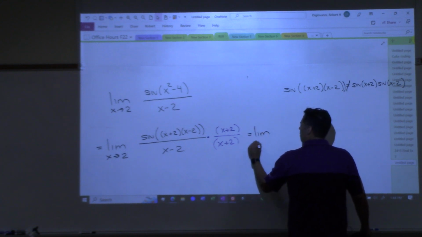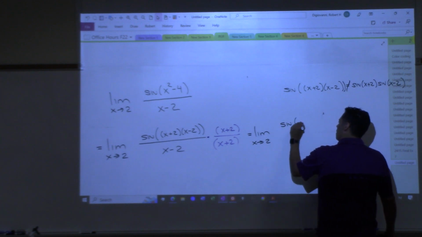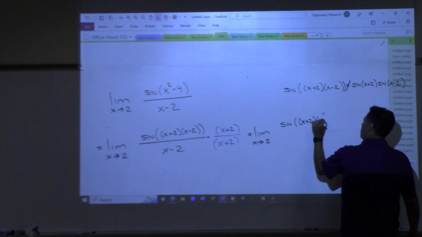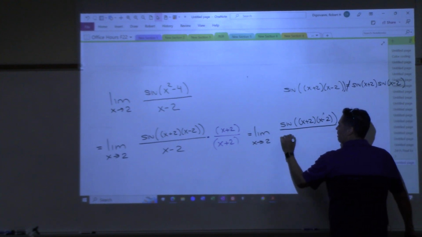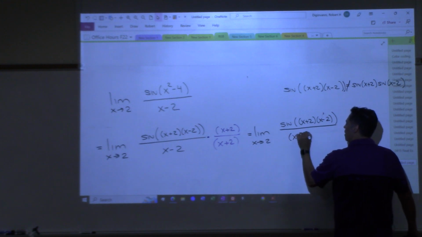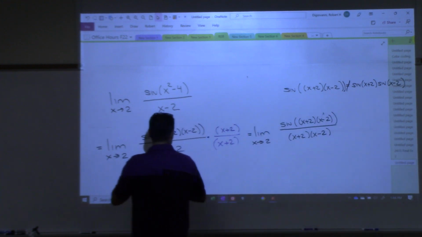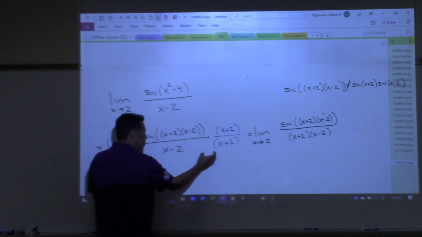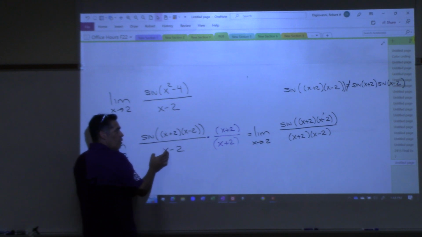So I'm going to rewrite this. I'm going to have the sine of the quantity x plus 2 times x minus 2, and then over, I'll put them together, x plus 2 times x minus 2. What I did was, because this is multiplication, I slid this one over to the side, underneath next to this one. What do I still have out here?